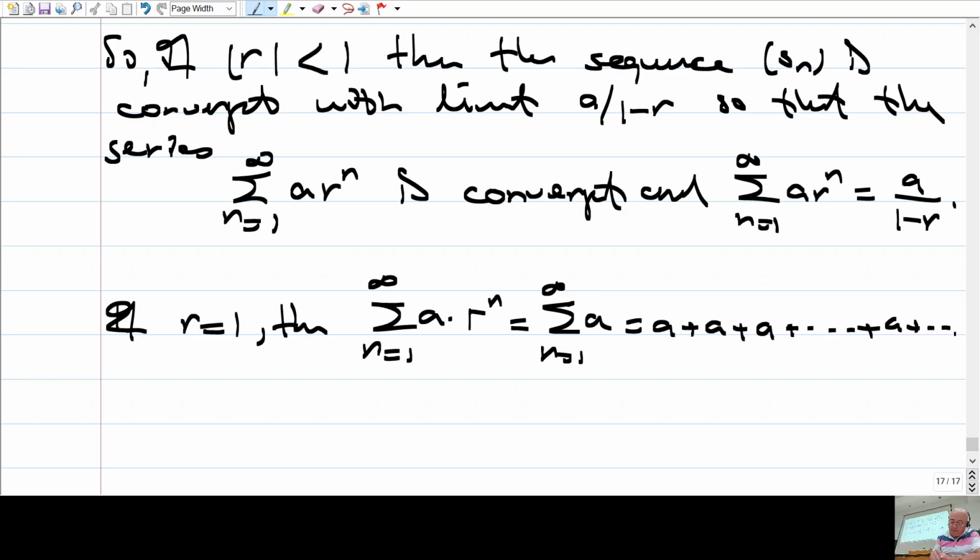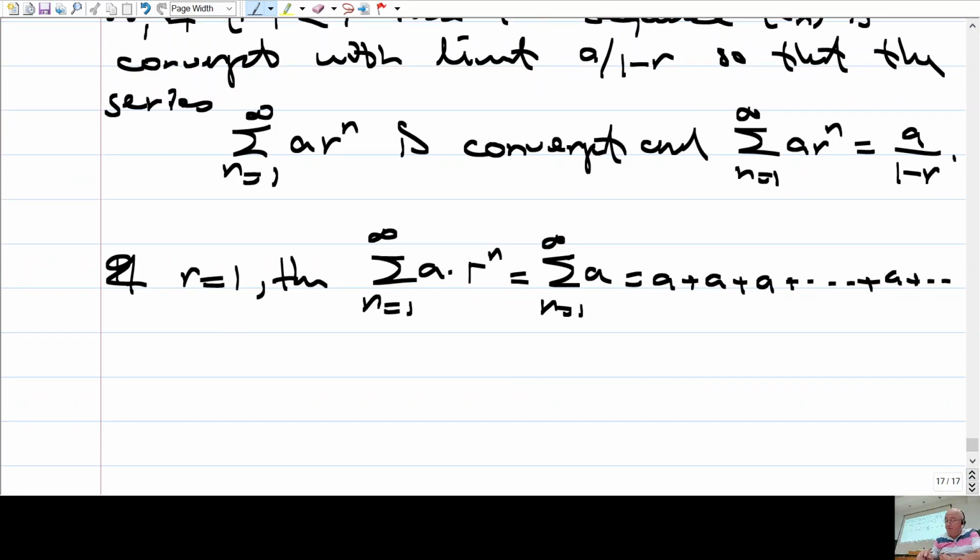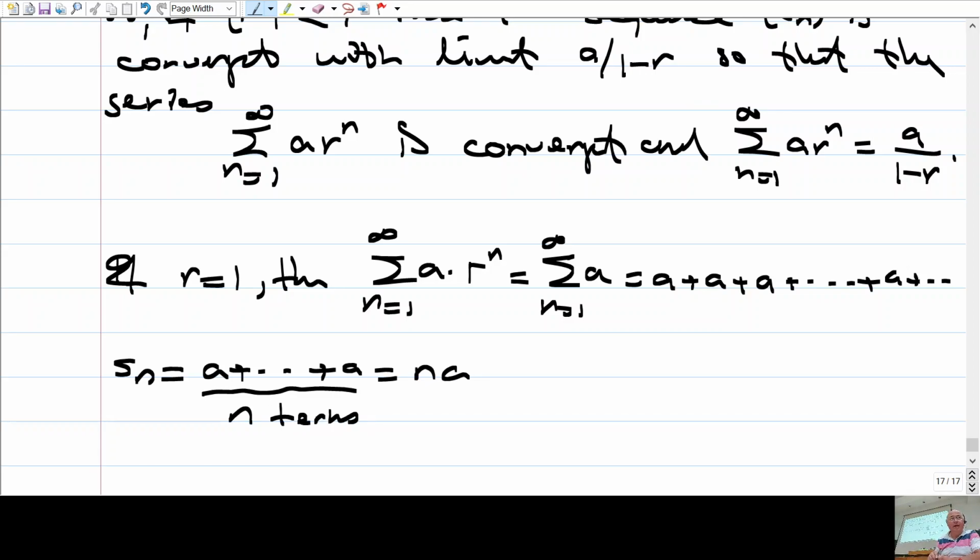In this case, the nth partial sum Sn will be what? S1 is the first term, S2 is the sum of the first two terms, and then this is S3 and so on. So Sn is just the sum of the first n terms. So you add a n times with itself, so this is n times a.